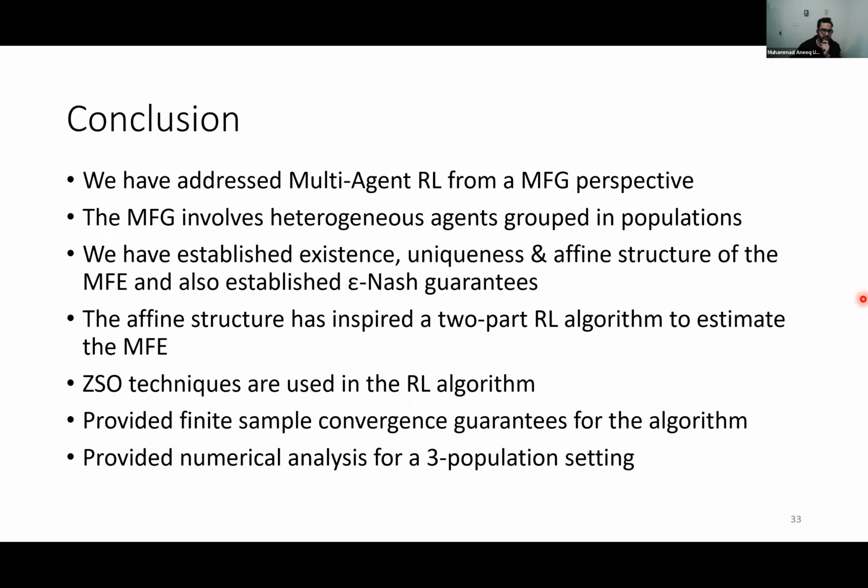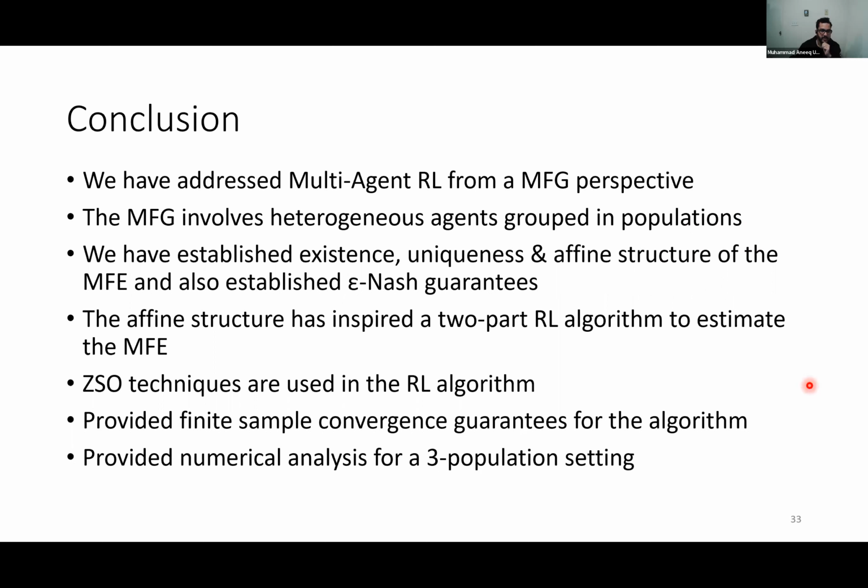Okay, so just in conclusion, we have addressed the multi-agent RL from a mean field game perspective. The mean field game involves heterogeneous agents grouped in populations. We have established existence, uniqueness, and affine structure of the mean field equilibrium, also the Epsilon Nash guarantees.